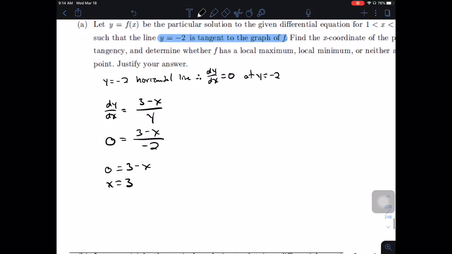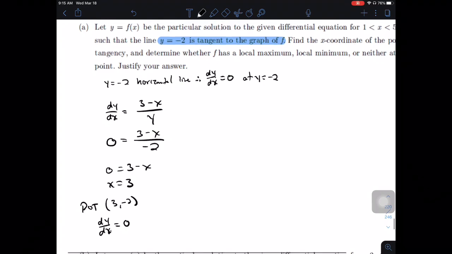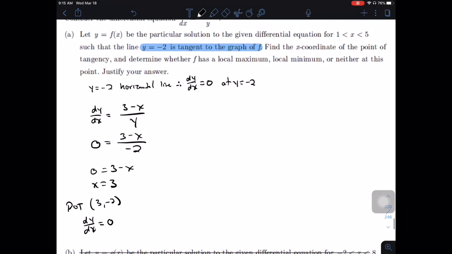So to sum up, the point of tangency is 3, -2, and at this particular time, dy over dx, the slope, is 0. So the first part of the question was, find the x-coordinate of the point of tangency. So we just said that it was 3.